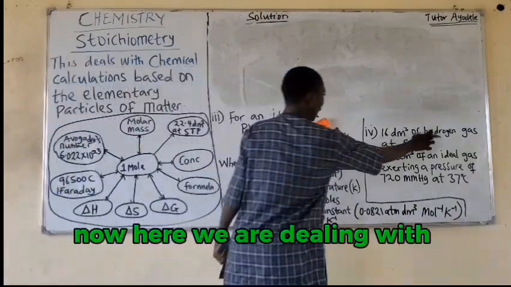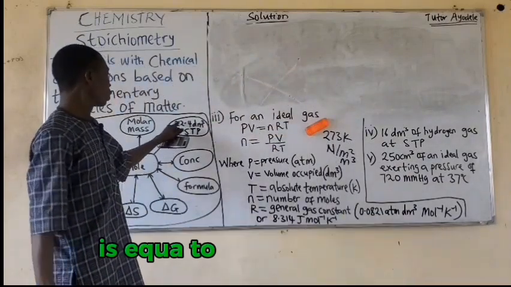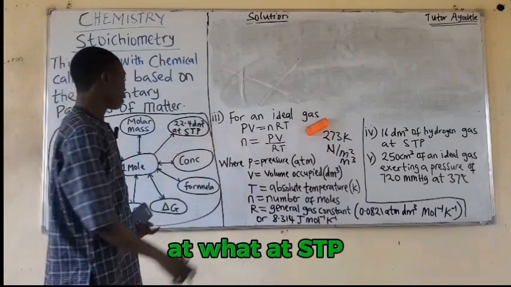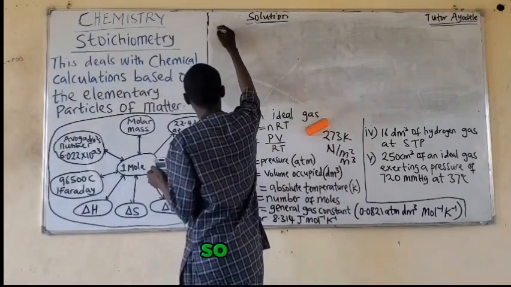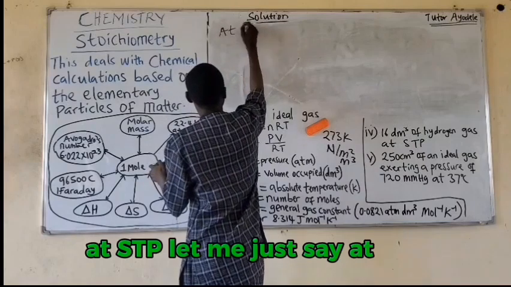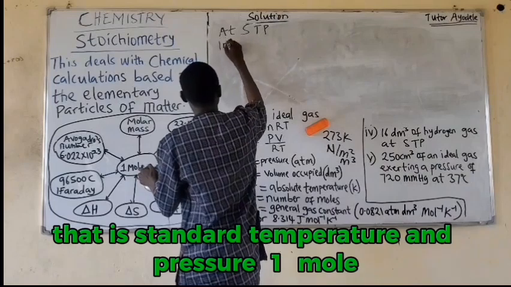Now here we are dealing with hydrogen gas, so I will say 1 mole of hydrogen gas is equal to what? 22.4 dm cube at STP, that is standard temperature and pressure.